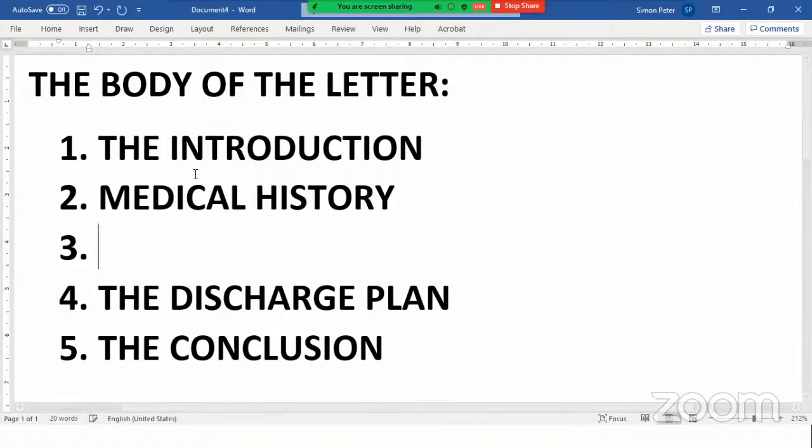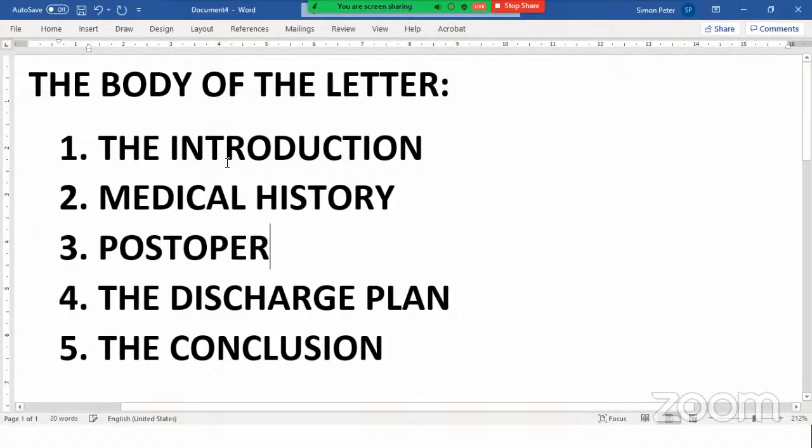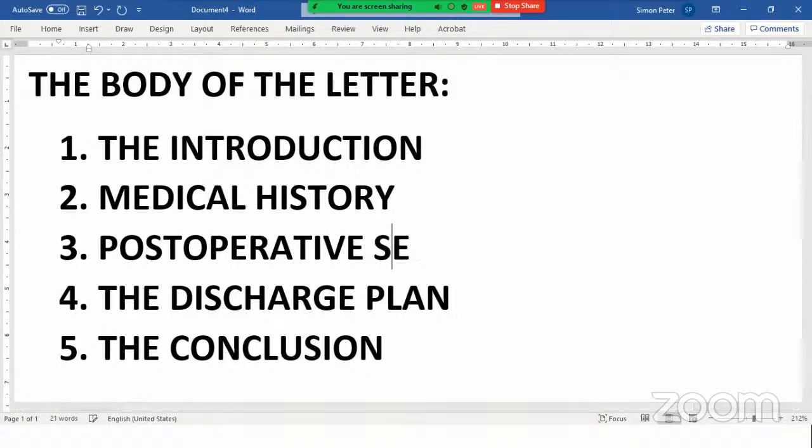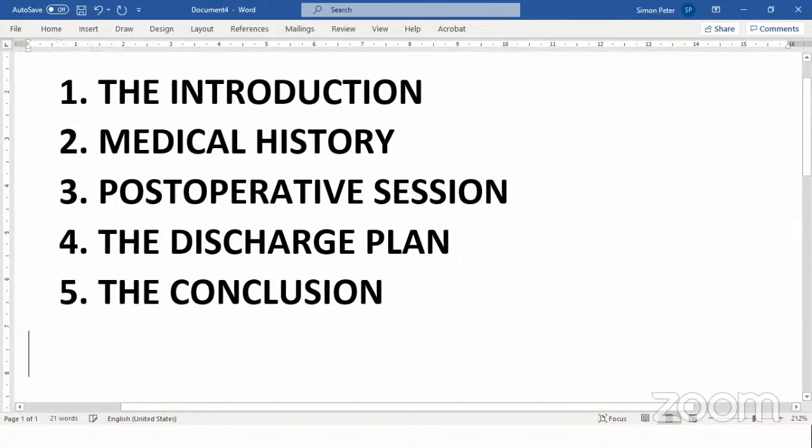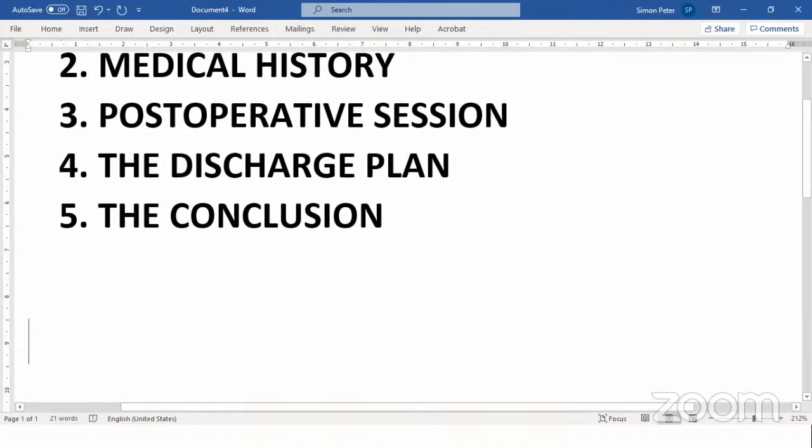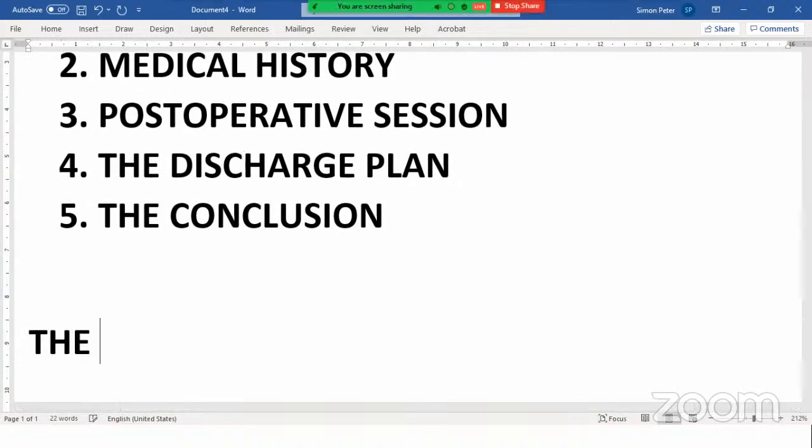And here the post-operative session. So that is very clear here. You'll write the introduction, the medical history, and then you'll write about the post-operative session, and then you'll write the discharge plan, and lastly, the conclusion. So now first we'll start with the introduction.